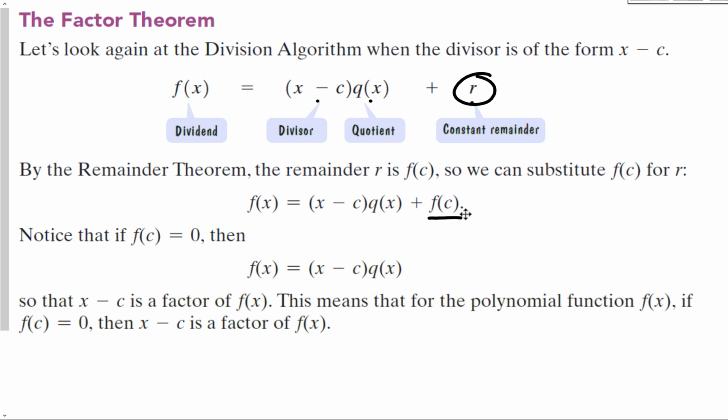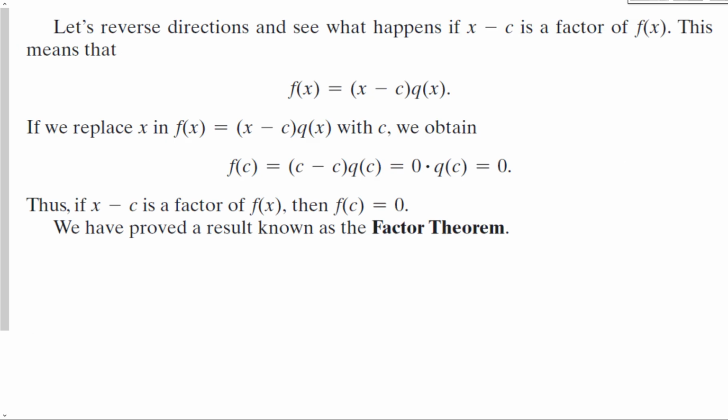And if f of c is equal to 0, then the function just equals the divisor times the quotient. So x minus c is a factor of f of x, which means that for the polynomial function f of x, if f of c is equal to 0, then x minus c is a factor.